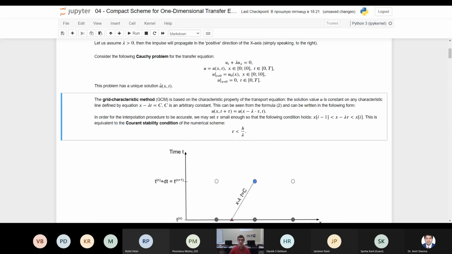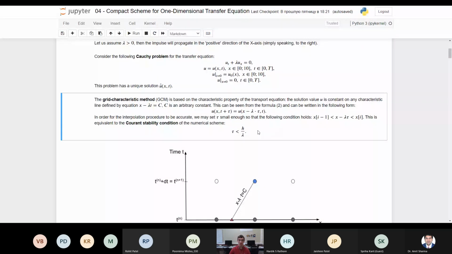So taking the tau smaller results in the fact that we need to perform more time steps, obviously, and the smaller grid step means that we have more points to take into account, and we perform calculations in more points.